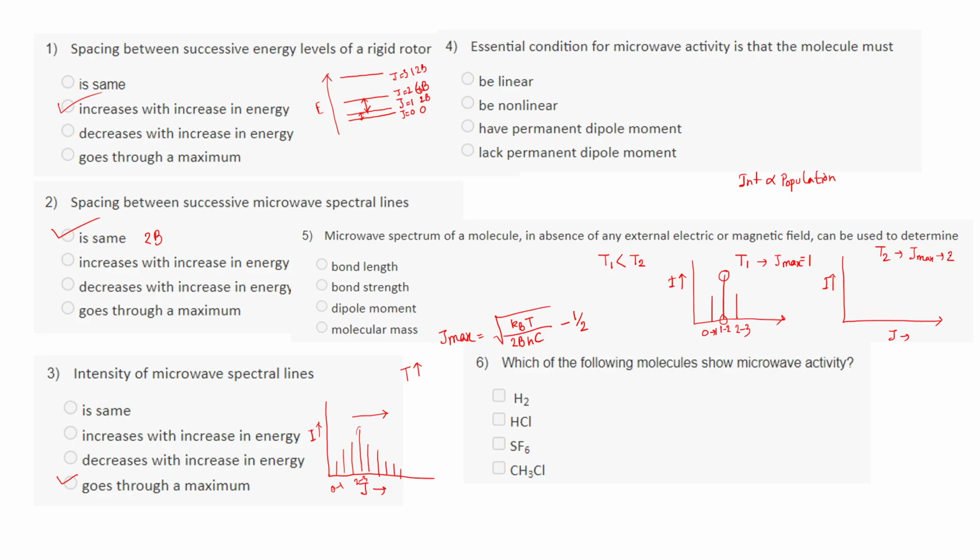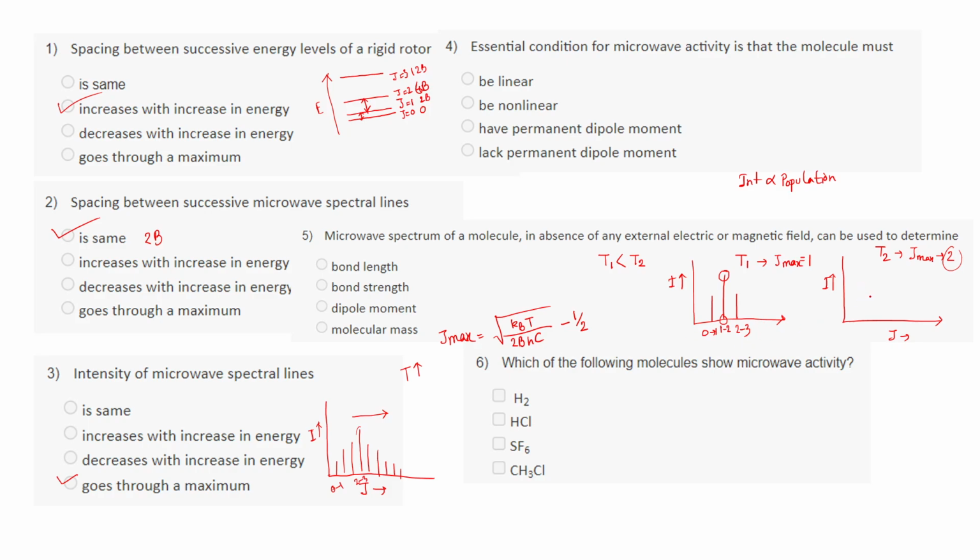The intensity related to the second rotational level will increase because it has more population. We are only talking about 0 to 1, 1 to 2, 2 to 3, not the reverse ones, 1 to 0, 2 to 1.